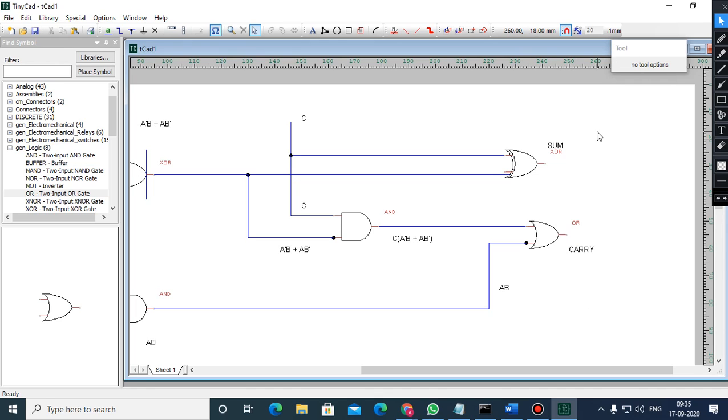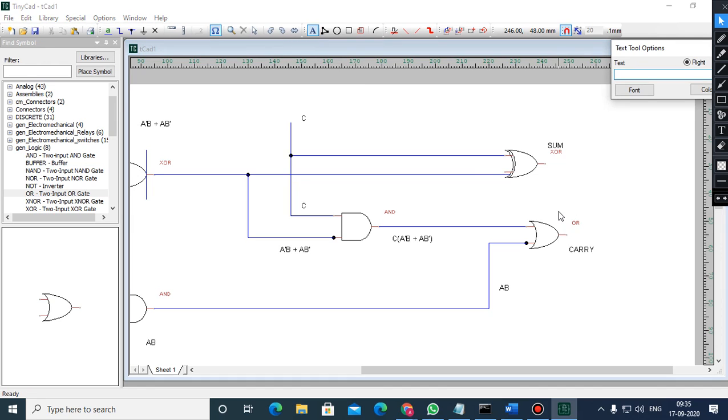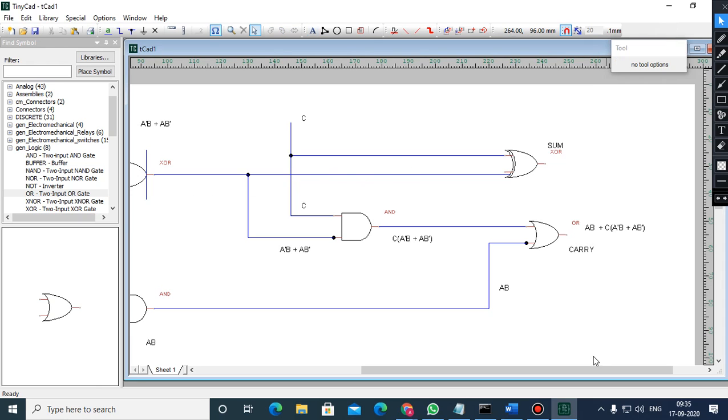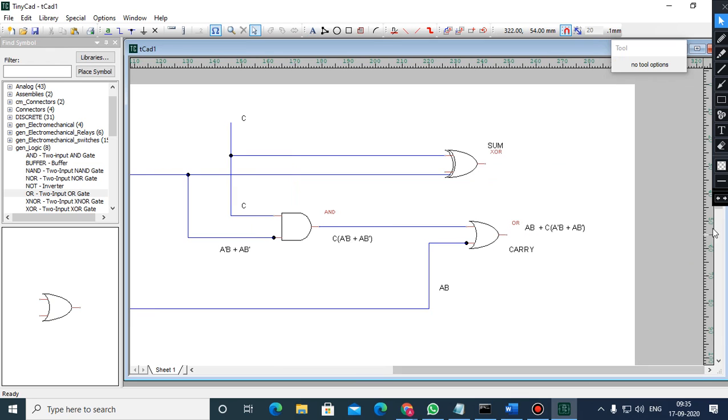So for the carry, it is like AB plus C, A complement B plus AB complement. This is actually the expression for carry, and this is what we have to prove.